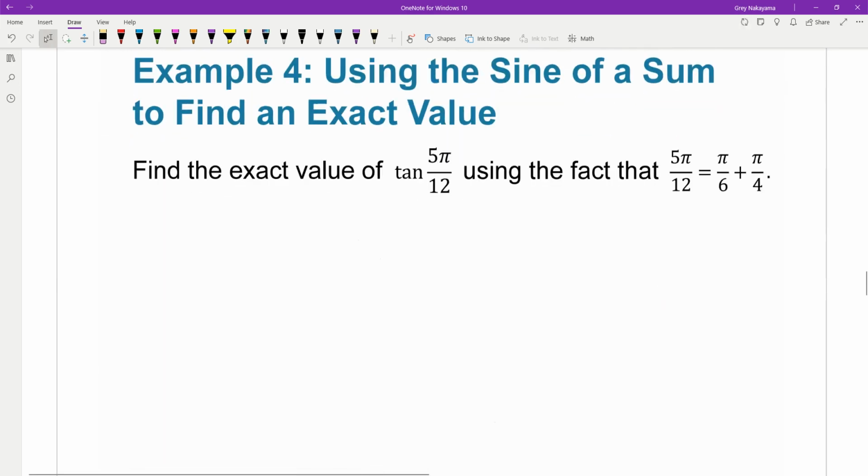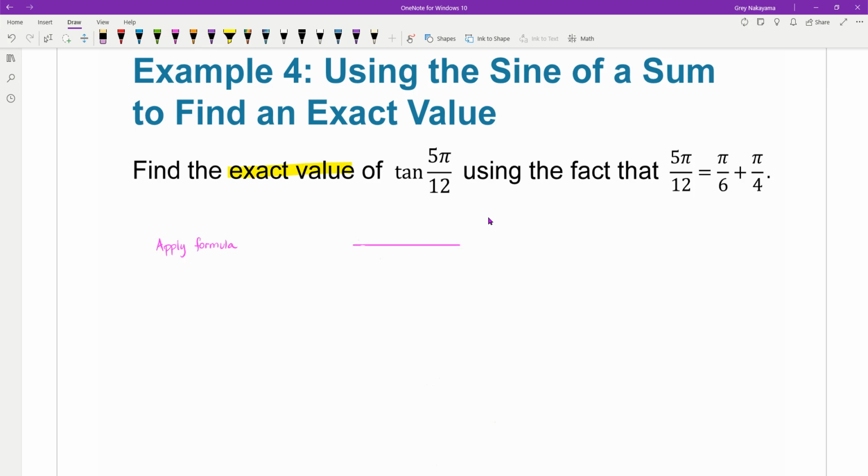Okay, another, find the exact value. This time, again, y'all, much easier with MyLab Math because they tell you exactly what two numbers to add together. A lot easier than if I just said find the exact value of the tangent of 5 pi over 12. But again, you have to find the exact value. And when you find that exact value, the first thing you're going to do is apply the formula.